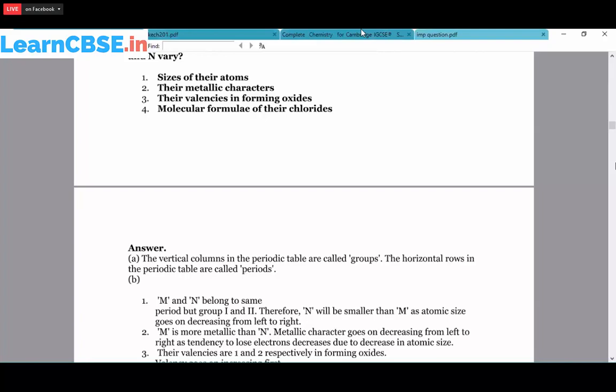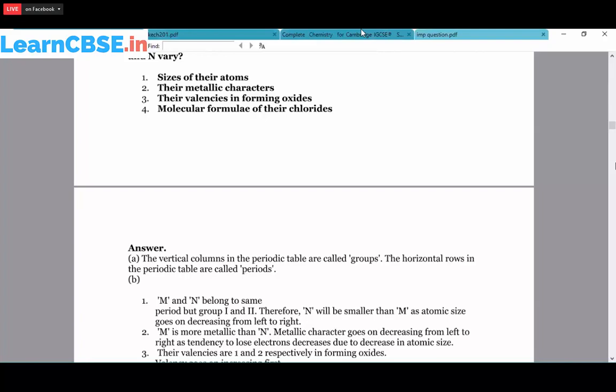Next is their metallic character. All the metals are placed on the left-hand side of the periodic table. So when you move from left to right, the metallic character decreases. Sodium has more metallic character than magnesium. Next is their valencies in forming oxides.